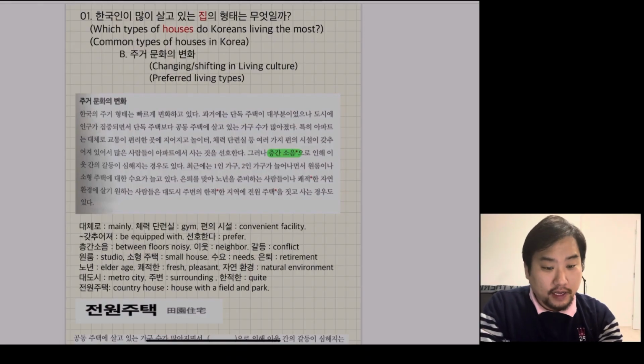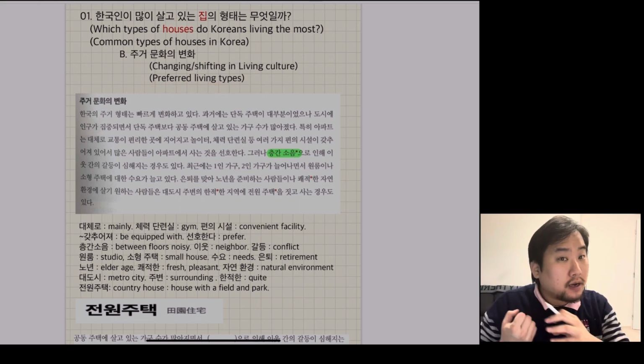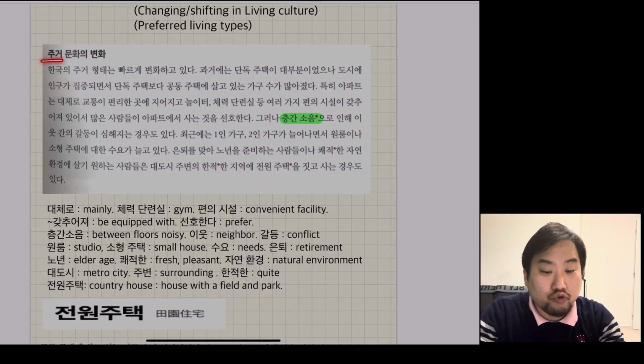And second word is changing or shifting in living cultures. It means preferred living types would be changing, shifting from the past. So, 주거 문화의 변화. 한국의 주거 형태는 빠르게, rapidly changing. So, yeah, Korea's living culture is rapidly changing.